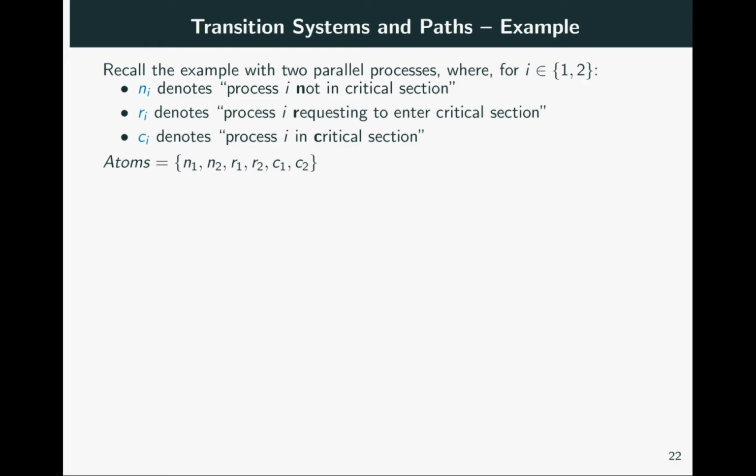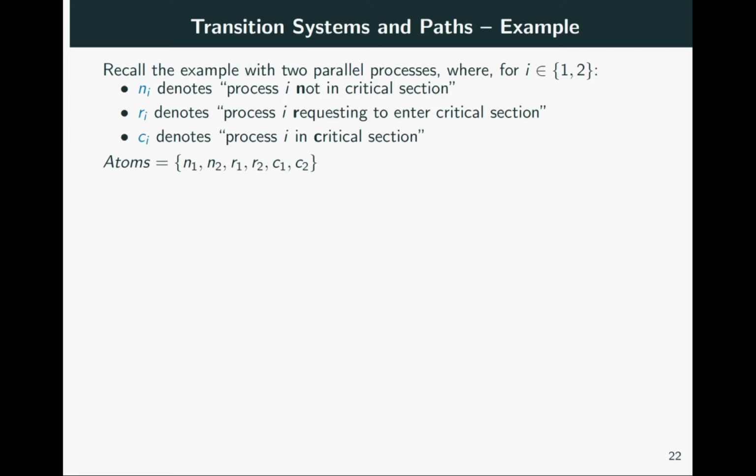Here is an example of an LTS. Remember the example from the introduction to model checking lecture, the one with two parallel processes that can request entering, can enter, and can exit a critical section. We model that by first choosing the following atoms, N1 and N2, to mean that process 1 and respectively process 2 is not in the critical section. So N means not in critical section.